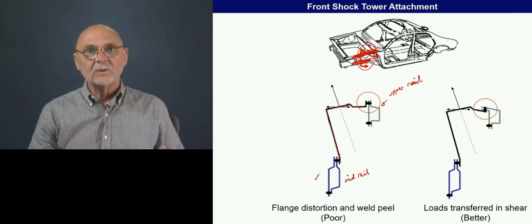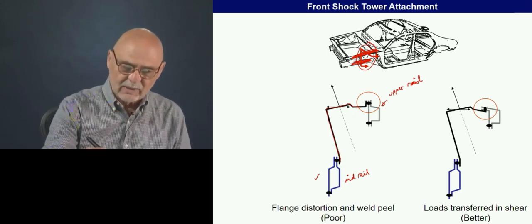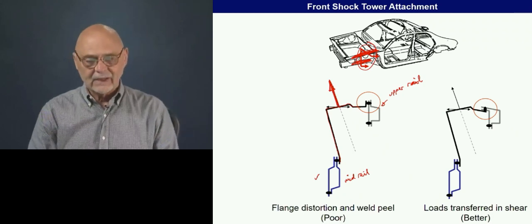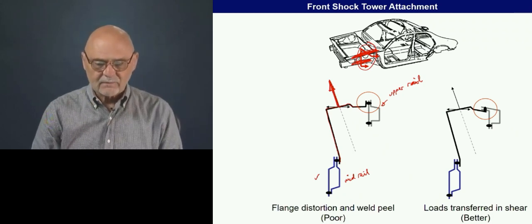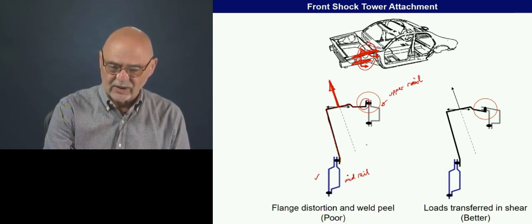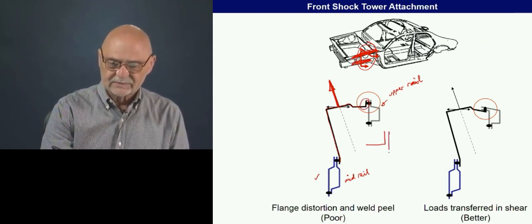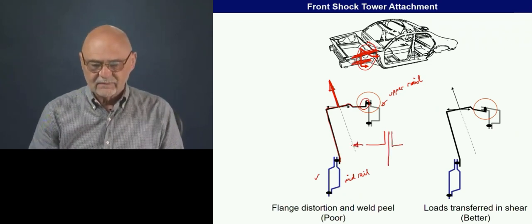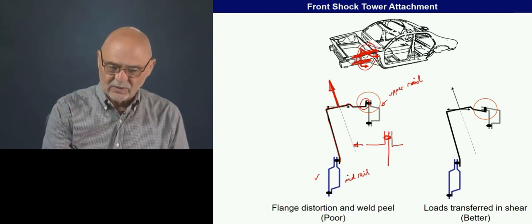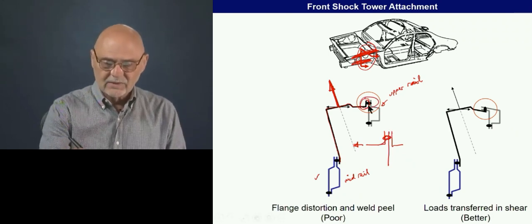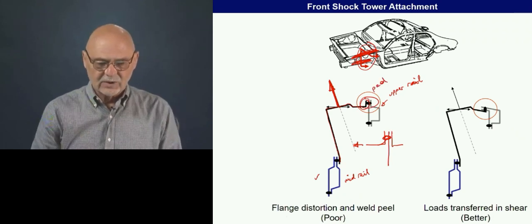The main load on the strut tower is a big axial force right down the axis of the shock absorber. If you imagine this joint here, we're applying a load here and trying to peel it away again. So this is a peel joint, not so good.